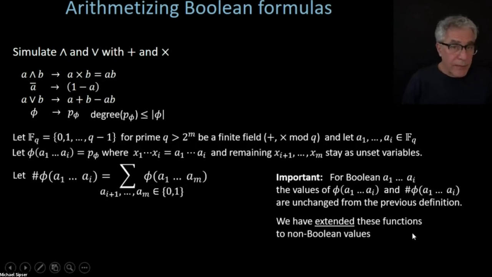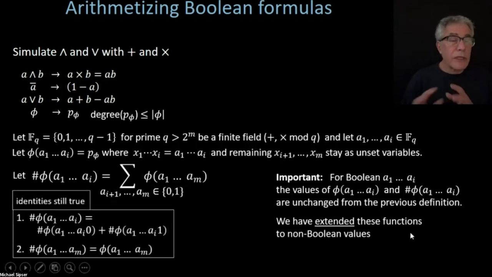So this is what I'm repeating what I said. And there's another point that you have to check, which is that the identities that we had earlier, that connected up what happens when I set the first i values and I set the first i plus 1 values, still hold.